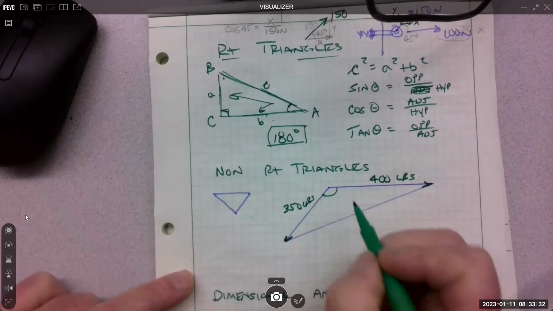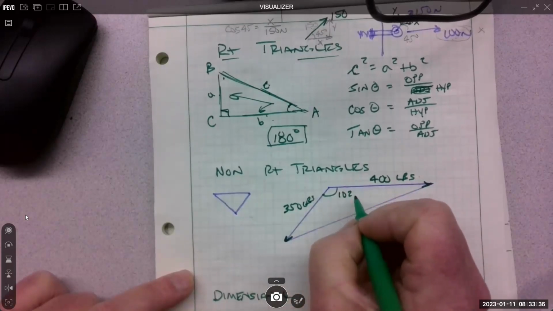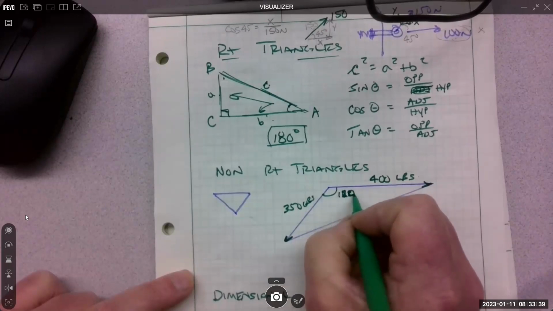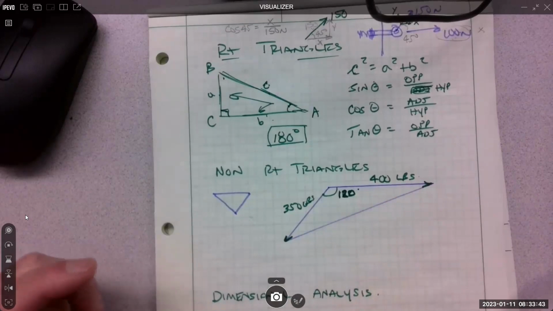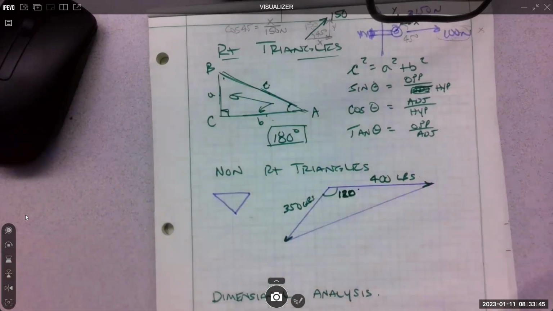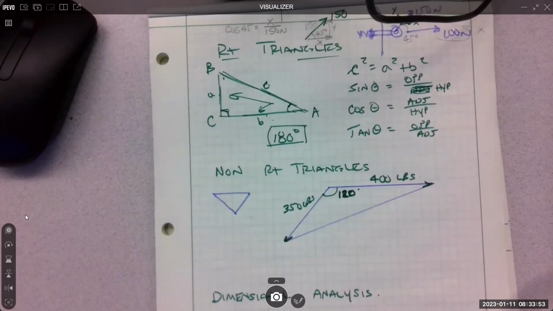And we'll say we actually know this angle of 120 degrees. So, non-rights, you got to know three things. Okay, right triangle, you got to know two things. You're going to struggle if you only know two things of this triangle.